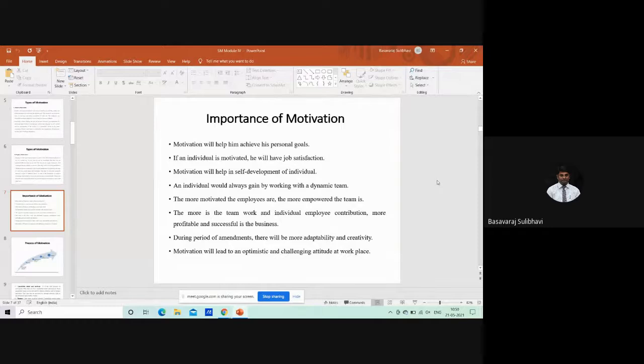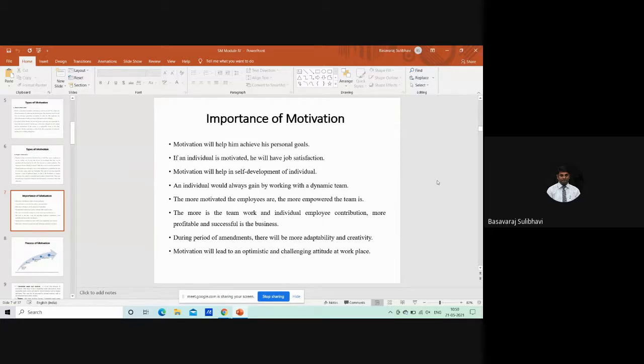Then we have next, during the period of amendments, there will be more adaptation and creativity. Now see, we always talk about change. Change management is very difficult for any organization, because with any small change in the present system, procedures or methods used by the organization, if employees find it, there will be a lot of resistance and they may not accept it.